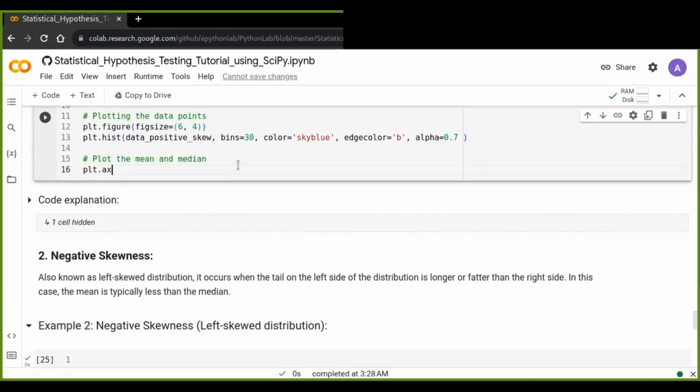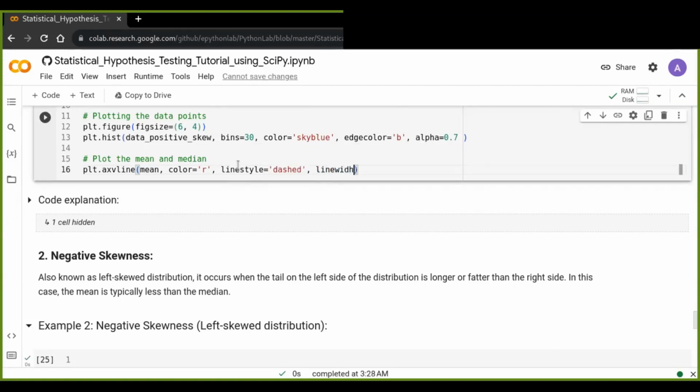Here will be x, v, line, and I can pass mean instead of that color. You can put different colors and line style. Yeah, that is good.